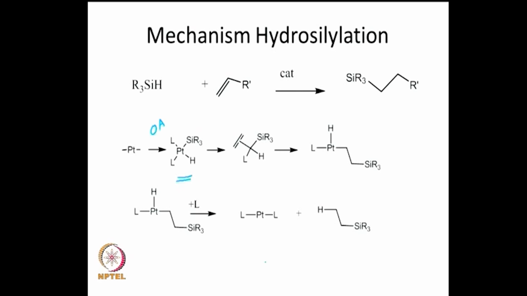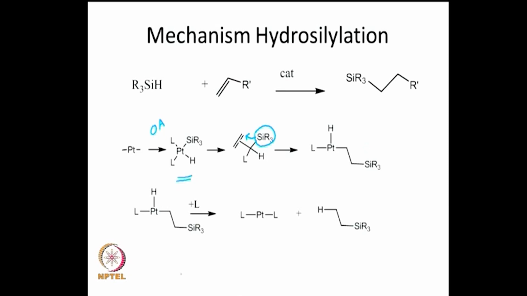After the oxidative addition, there is a migratory insertion, and the migratory insertion happens in such a way that the alkyl group now has a silicon attached to the beta carbon of the carbon attached to the platinum, and now it can reductively eliminate to give you the product.